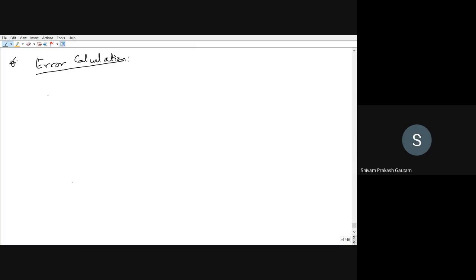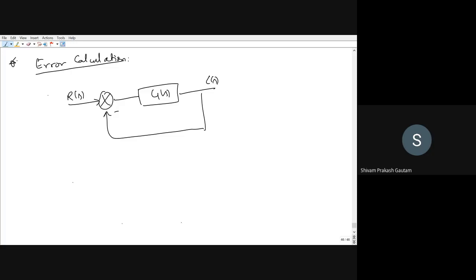If I wanted to draw the block diagram again of a unity feedback system. This is my R(s), this is my C(s), and this part, let us suppose, is my takeoff point.